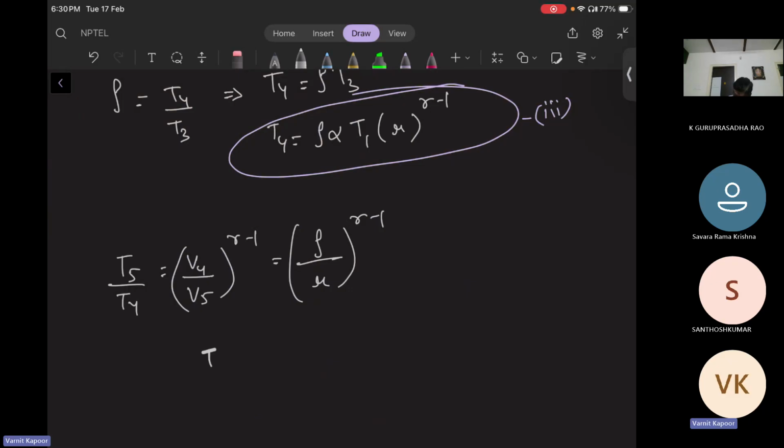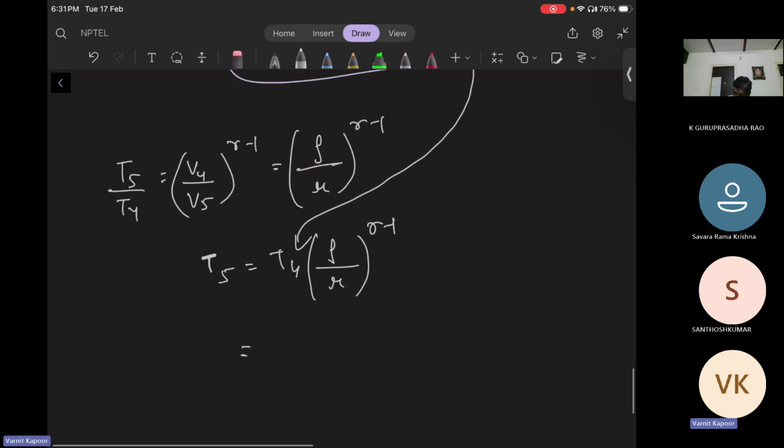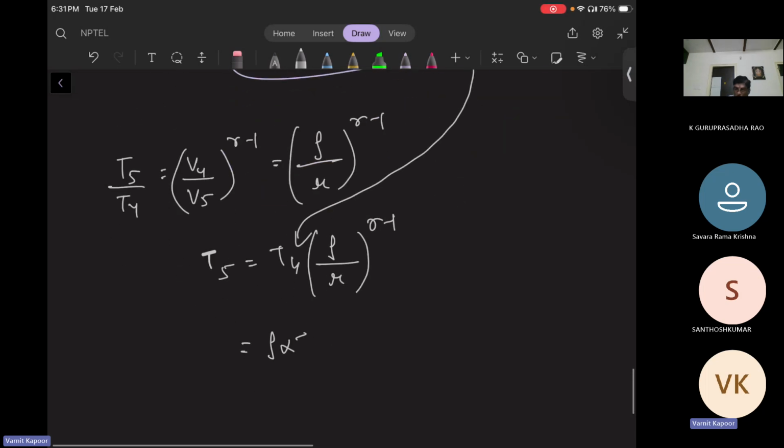Again, we can say that T5 is T4 times rho by r to the power of gamma minus 1. Let's put T4 here. So that will be rho alpha T1 r to the power of gamma minus 1 into rho by r to the power of gamma minus 1.